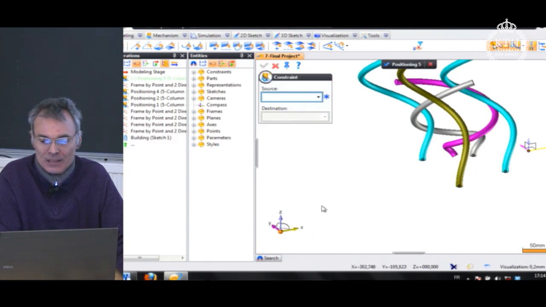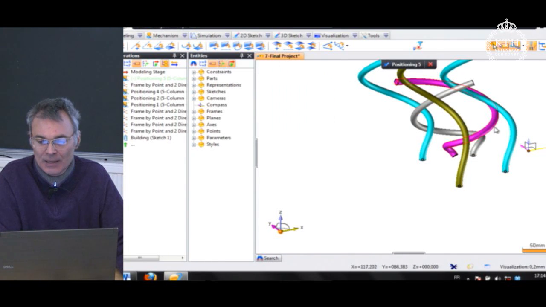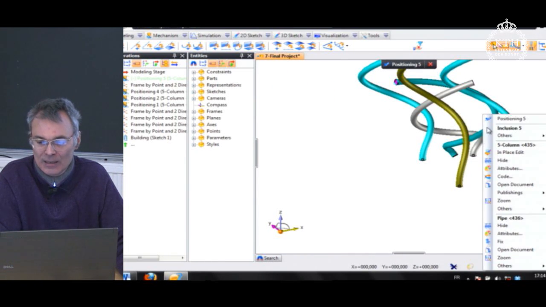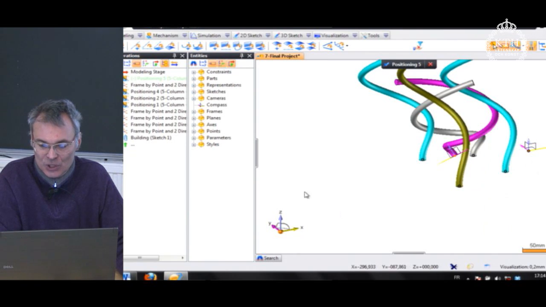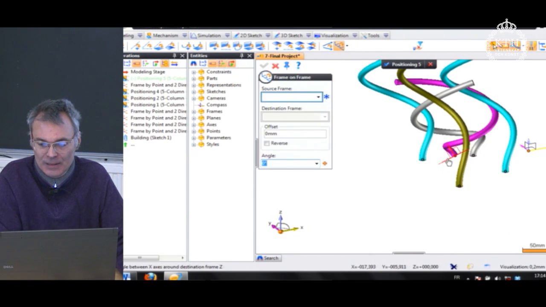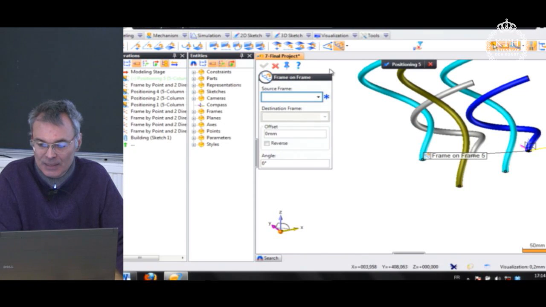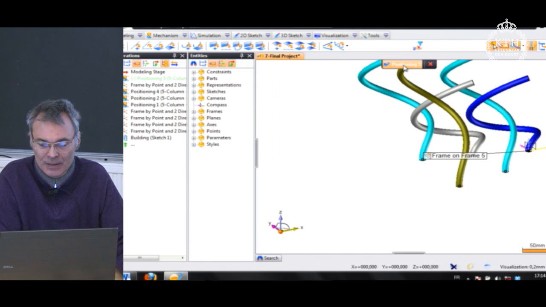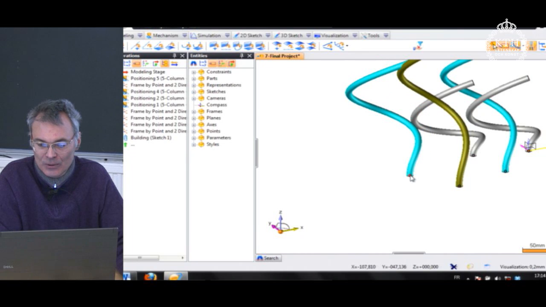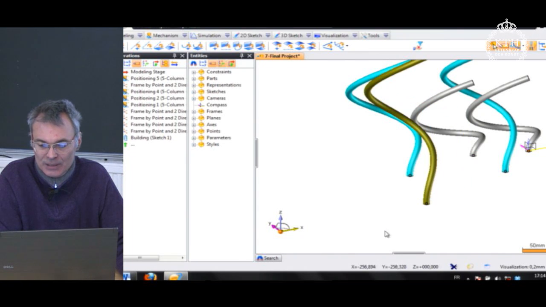Okay, so I accept the variation that I want. Now I will position it, so I have to show the positioning frame, and there I locate it here, and there we are. We can now modify the project the way we want.